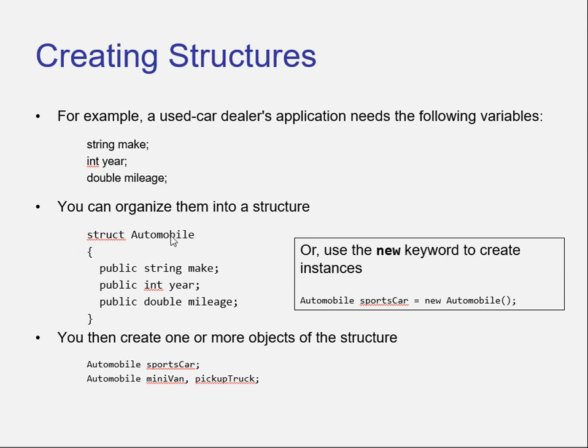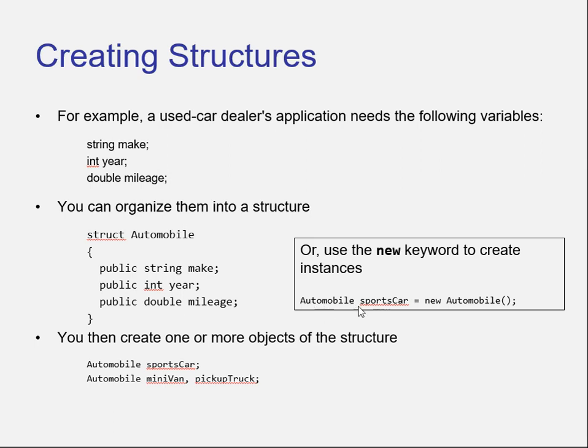Later, if we want to create an instance of a car, an automobile, we can declare it as a new instance of an object. So we're going to actually utilize this new structure called Automobile. Automobile is the name. It's kind of like a class, if you think about the other examples we've had to this point.